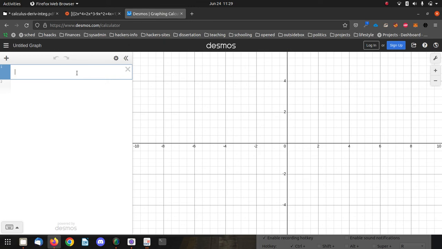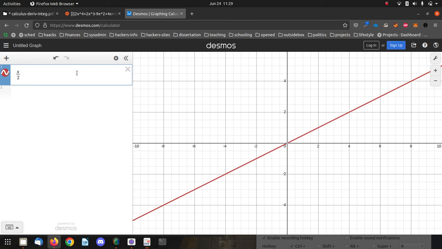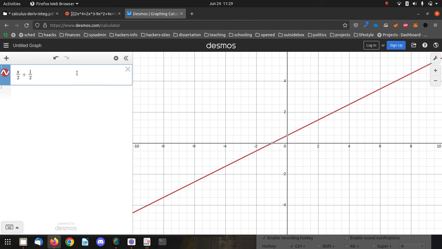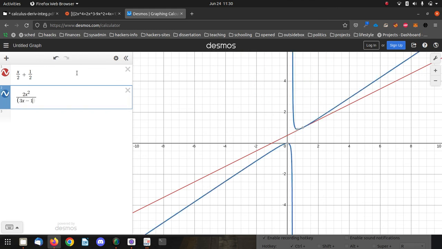So we'll start with this. So we're going to have x divided by 2, and then plus 1 divided by 2. And then let's put in our original equation, which is 2x squared divided by the difference of 3 times x and 1. So 2x squared divided by 3x minus 1.